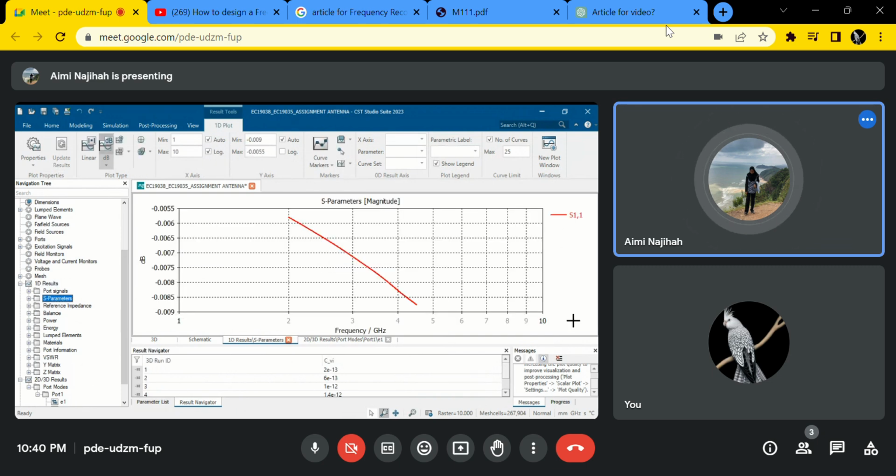S parameter. Alright, this is the result for S parameter that we get. The result have been analyzed in terms of S parameter and gain. S parameter describes the electrical behavior between the ports in an electrical system.